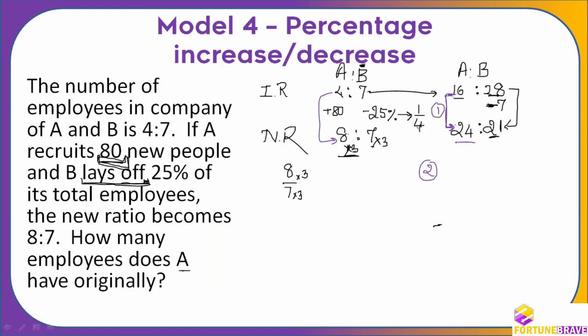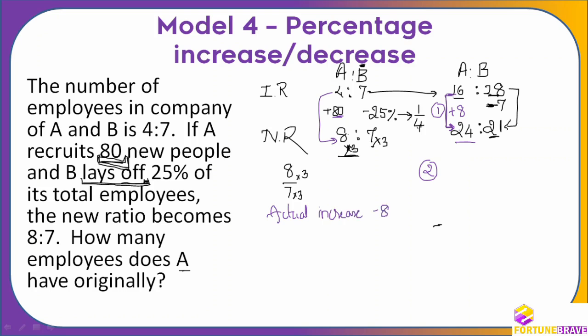Now you can see 16 and 24. There is an increase in the ratio. How much is the increase? You can see the increase is by 8. Once you see that there is an increase by 8, we will be able to find, because the actual increase is 80, the actual increase is how much, my dear friend?